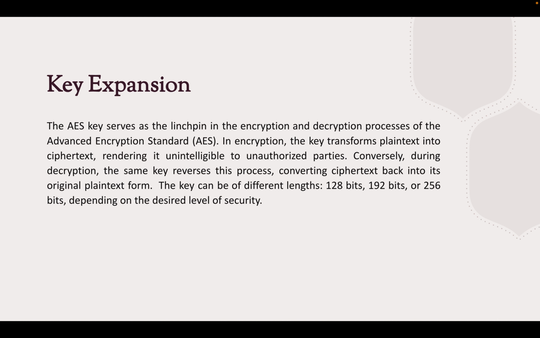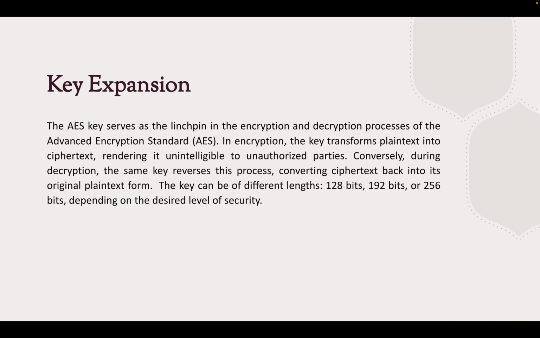Now, key expansion. The AES key serves as a linchpin in the encryption and decryption process of the Advanced Encryption Standard. In encryption, the key transforms plaintext to ciphertext, rendering it illegible to unauthorized parties.